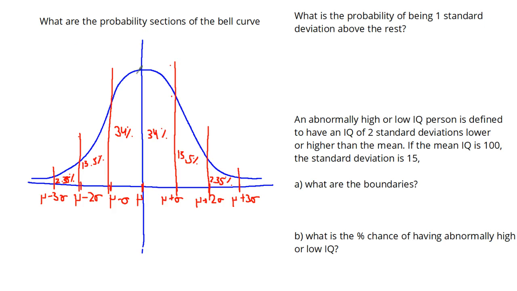So these are the probability sections of the bell curve right here. The middle, smack right down in the middle, is 50%. So you are 50%. You are in the median. You are in a median if you have results that are right smack in the middle. If you pick a number out of the data set that's right smack in the middle, it's the median.